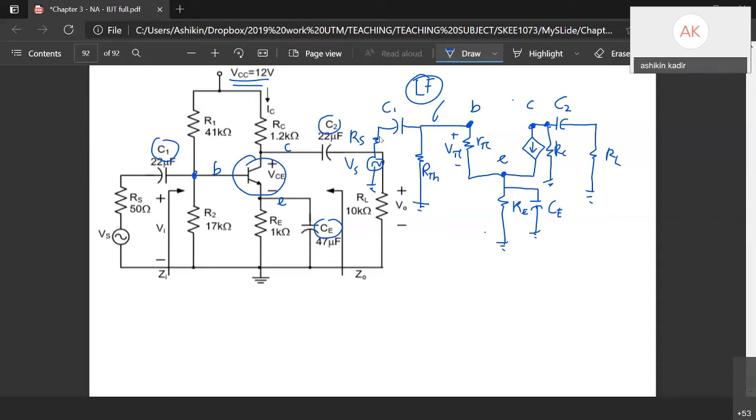No, just RC. Okay. So when we want to do analysis at C1, the other capacitors we need to short circuit. So first, we do analysis at C1. When we do analysis at C1, the other capacitors, C2 and CE, are short circuited.